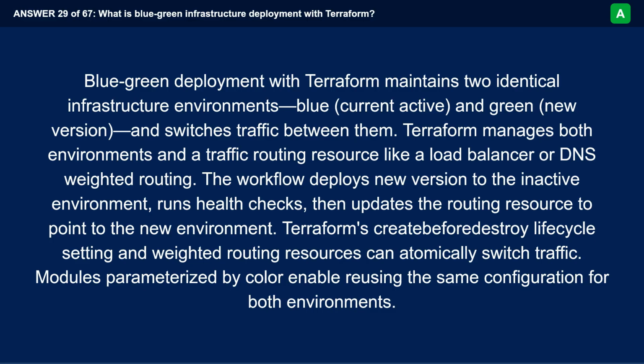The workflow deploys the new version to the inactive environment, runs health checks, then updates the routing resource to point to the new environment. Terraform's create_before_destroy lifecycle setting and weighted routing resources can atomically switch traffic. Modules parameterized by color enable reusing the same configuration for both environments.